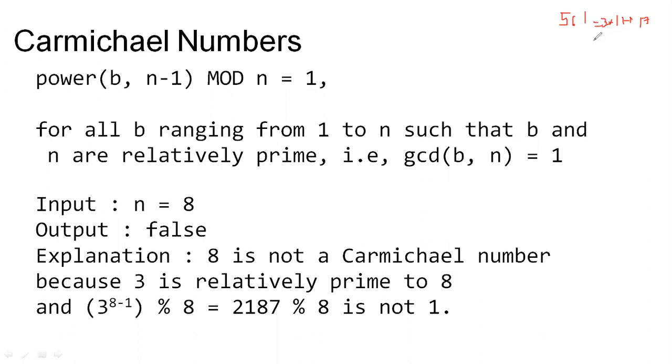We can identify these factors simply: 561 divided by 3 gives 187, and then dividing 187 by 11 gives 17.